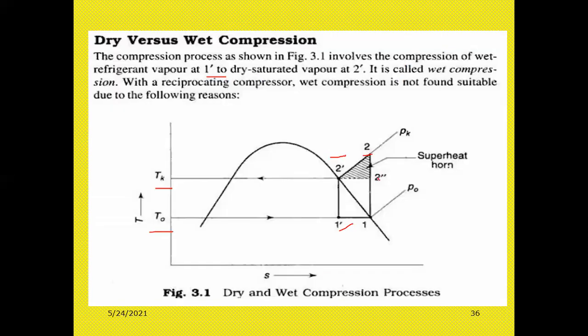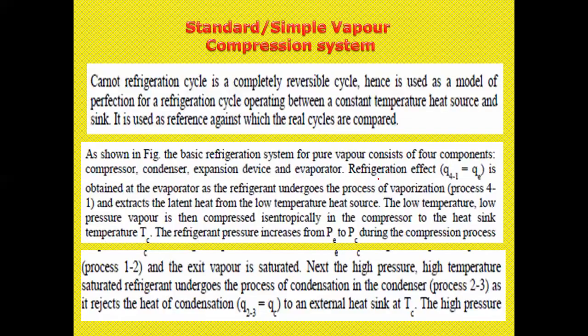The next topic to be discussed is the standard or simple vapor compression system, SVCR, or standard vapor refrigeration system. In the last slide we discussed that it is based upon the Evans, or reverse Carnot cycle.